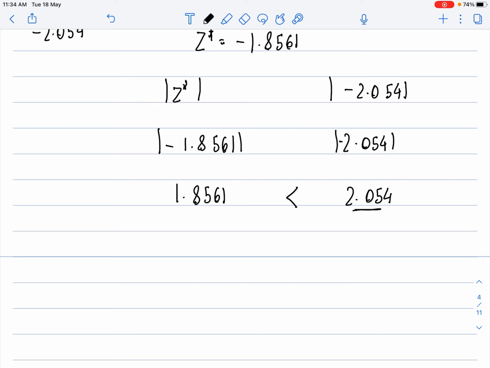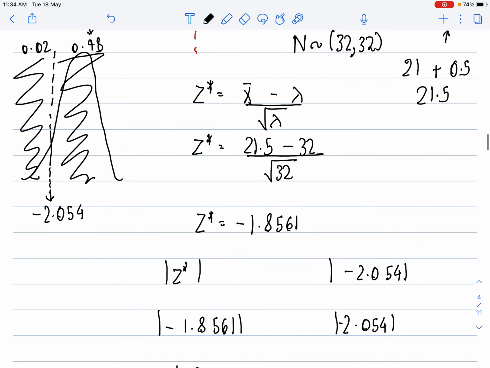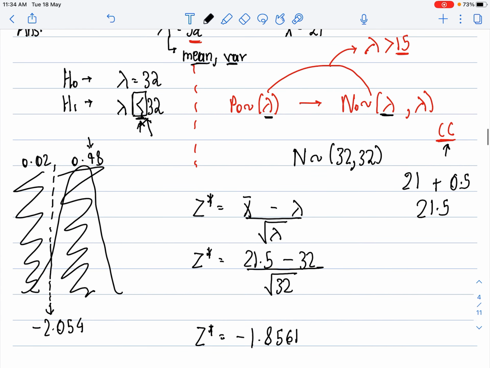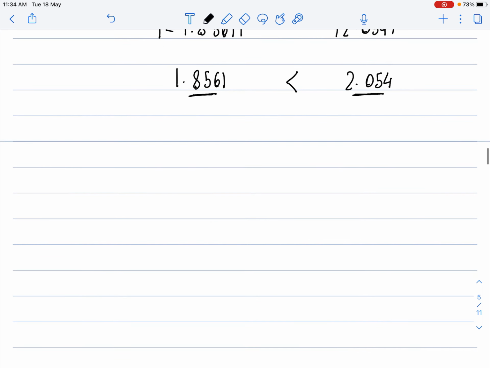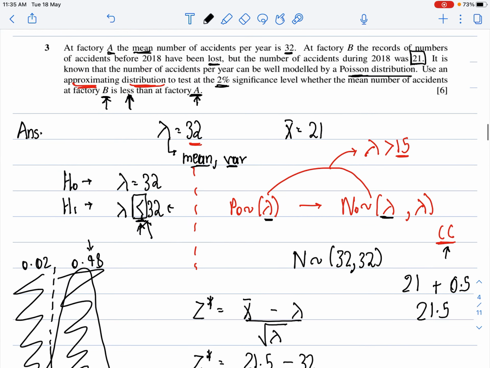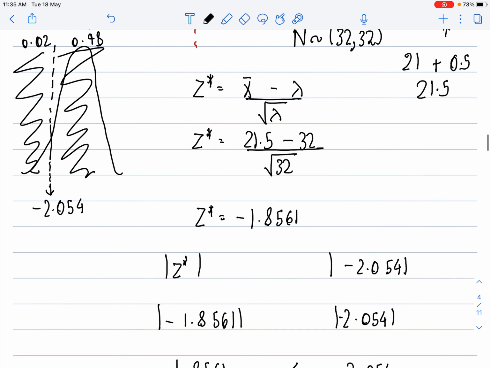The 2.054 is bigger, which means z star does not lie in the critical region. So there's no evidence that the mean has decreased. You say do not reject the null hypothesis, and no evidence of decrease. Or you can say that factory B is not less than factory A, because that's what you're testing.